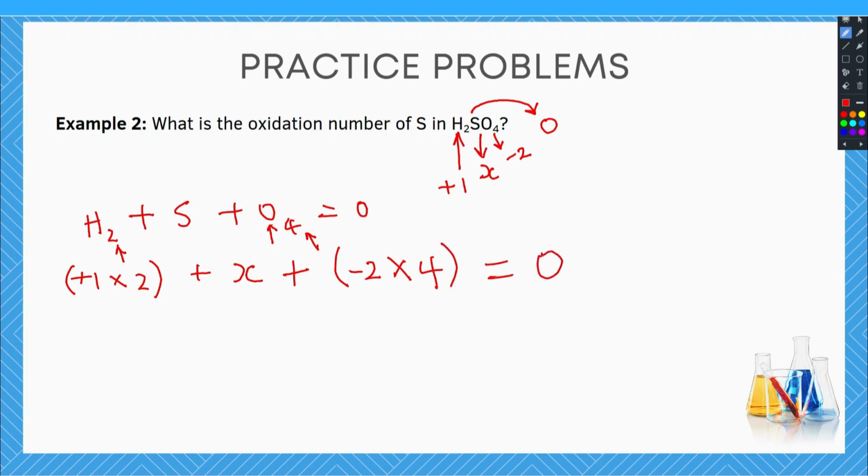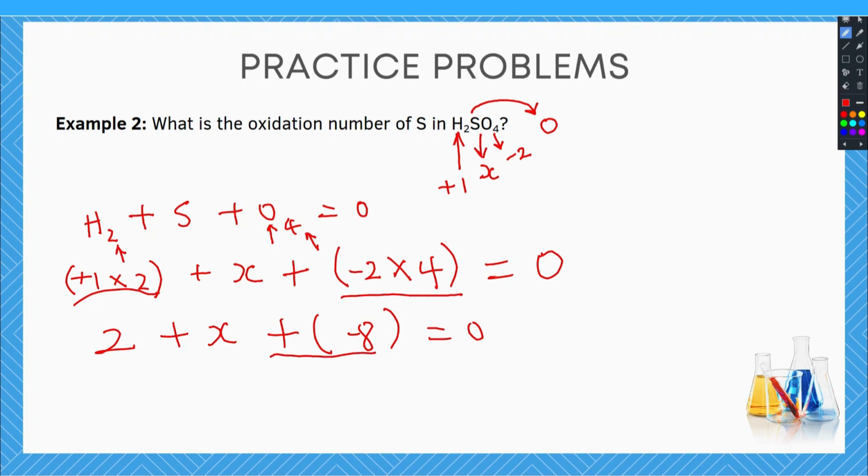1 times 2 is 2, plus X, plus minus 2 times 4 gives us minus 8. Everything equal to 0. If we open this bracket now, that becomes 2 plus X minus 8 equal to 0. Now, let's collect like terms.